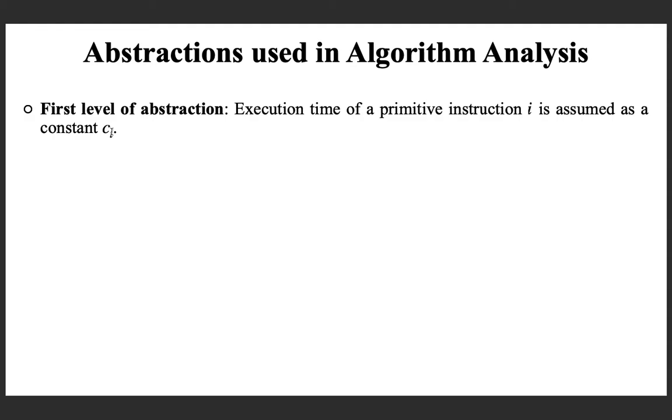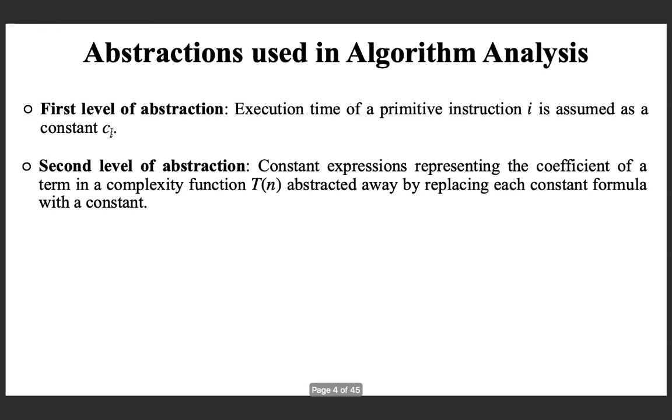Note that it actually depends on the machine in which that algorithm is executed, the machine speed and other factors, but the algorithm may be programmed and executed in different machines, and hence this is a necessary abstraction where we assume that the time for executing any statement is a constant. Okay, that is the first level of abstraction or assumption.